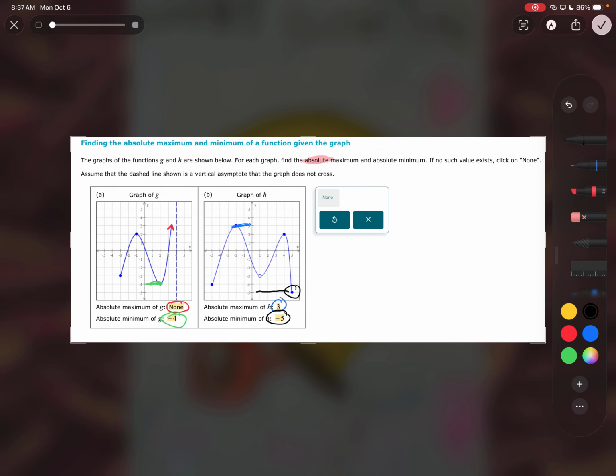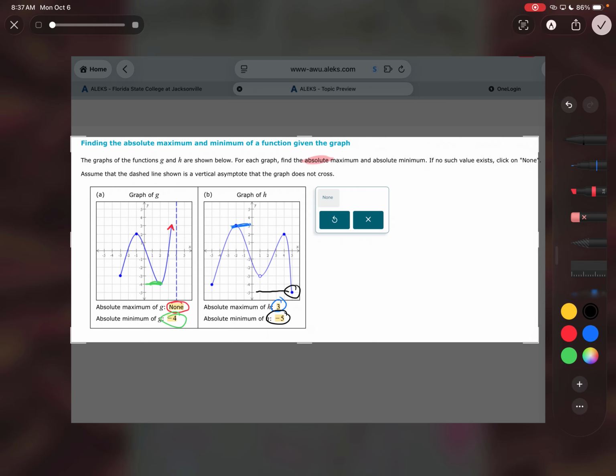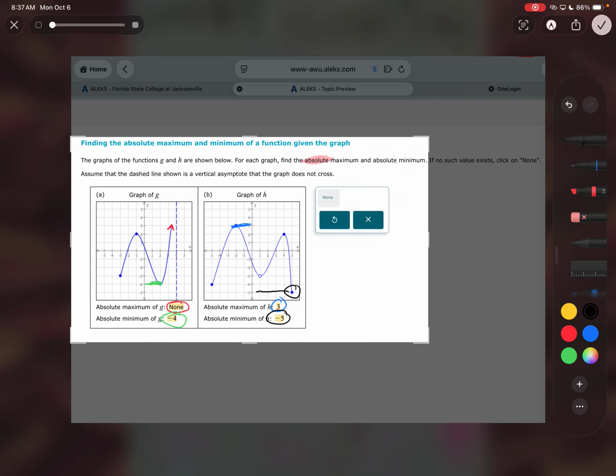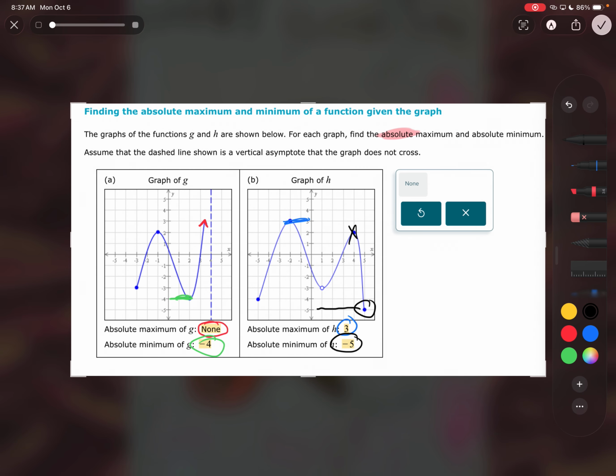Okay. So again, on this absolute one, we didn't use this one, okay? So when we look at local, here's a peak, so those are both local. But the absolute just wants the highest point, or just wants the lowest point. That's kind of the difference. Absolute's the whole thing, whereas local, we look at every peak and every valley.